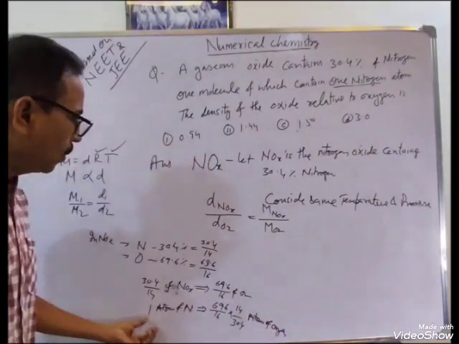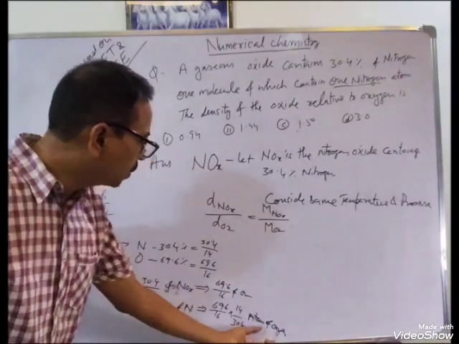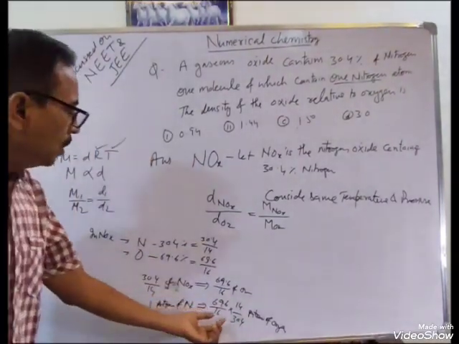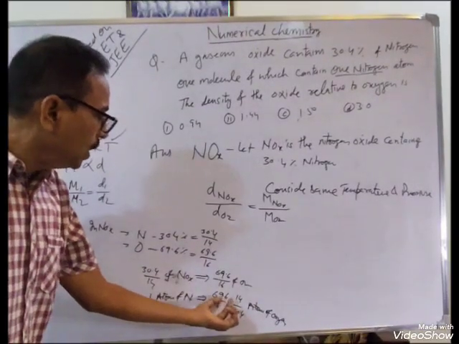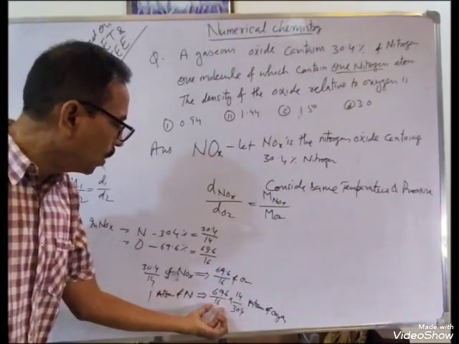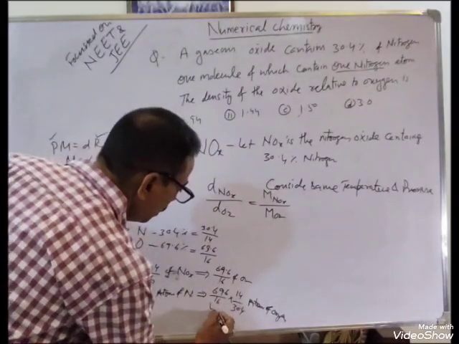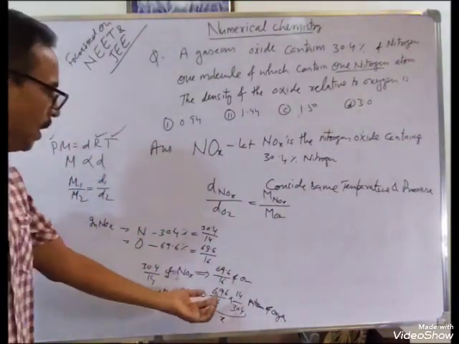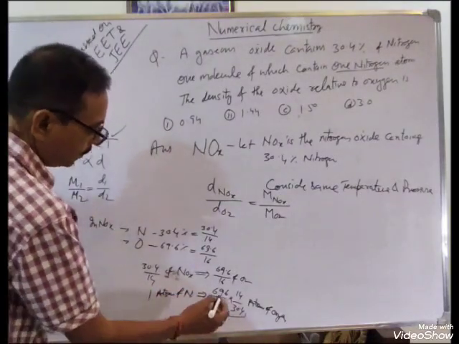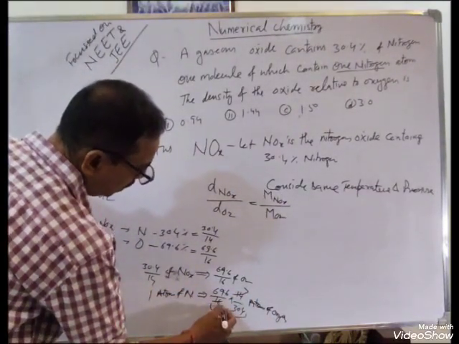If there is one atom of nitrogen, the value of X is this: 69.6 into 14 divided by 16 into 30.4. This is the value of X. Simplify it, and it is 7 and 8.